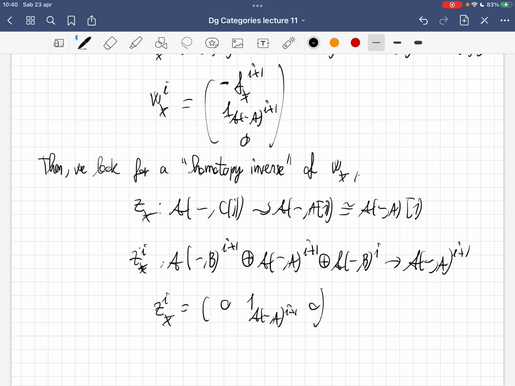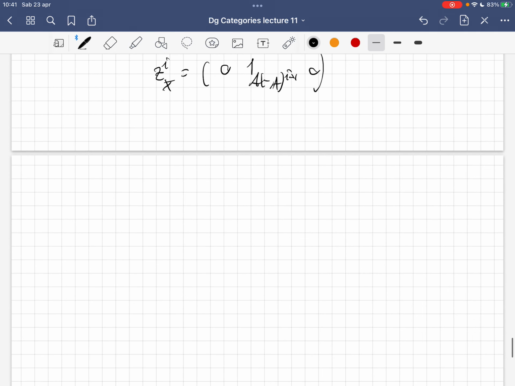Okay, so you have it, and then you have to prove everything. Immediate, at least when you compose this way, there you go. There you have it.